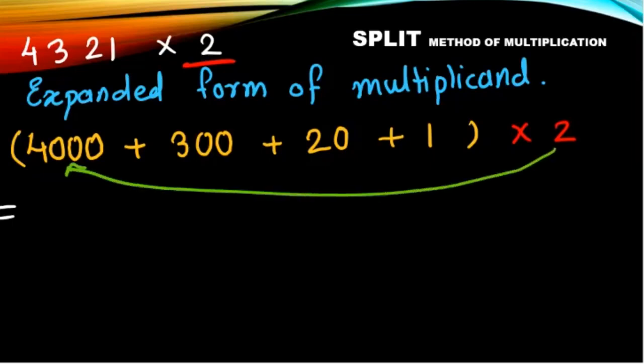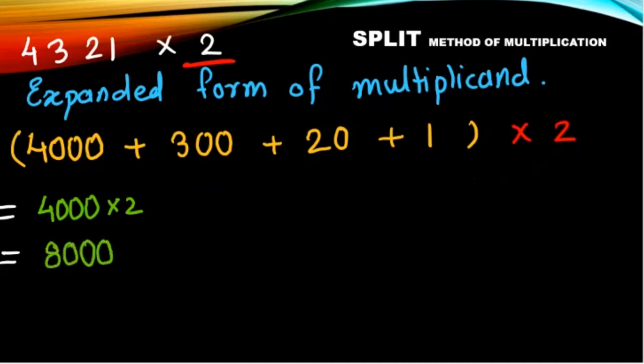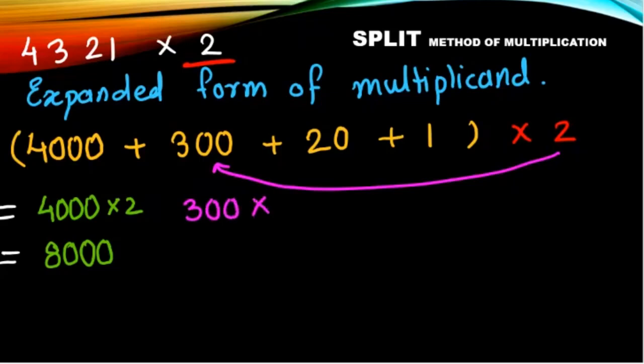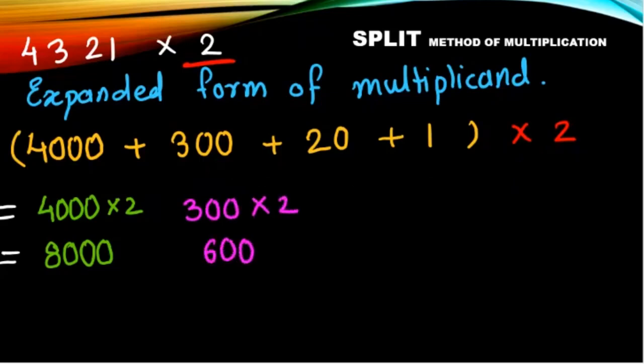First, 2 will multiply to 4000. That means 4000 into 2, which is 8000. Then 2 will multiply with 300, that is 300 into 2, that means 600.